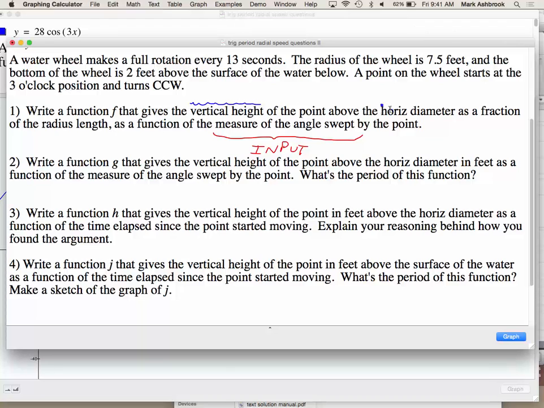That's your clue, right? You've got to read and make sense of what you're reading. Input is the measure of the angle swept. The output is the vertical height above the horizontal diameter as a fraction of the radius length. Revise if you need to.